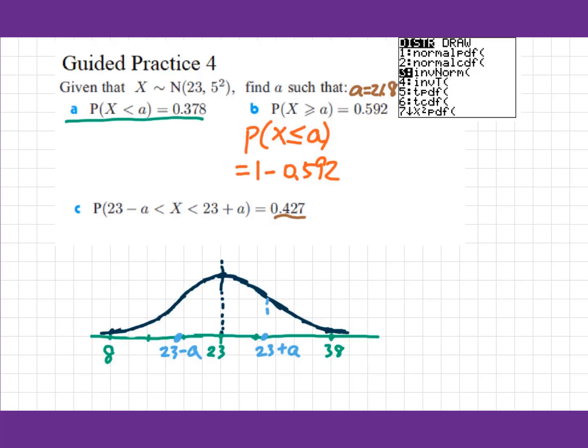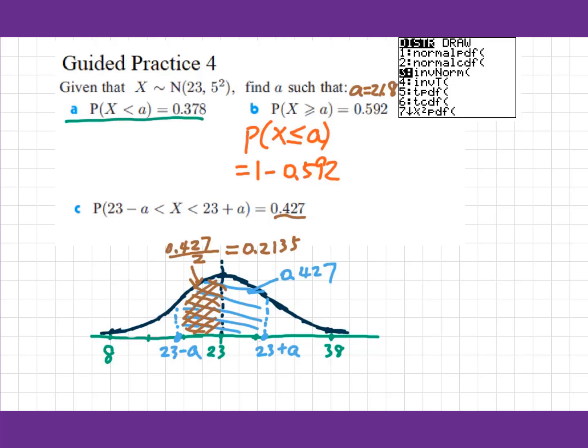Then we draw this line, get the area. This area will be 0.427. Then I'm looking for this area. This area will be 0.427 divided by 2.